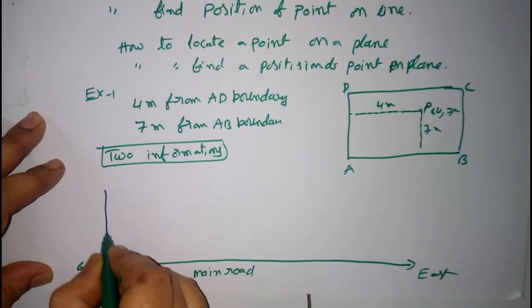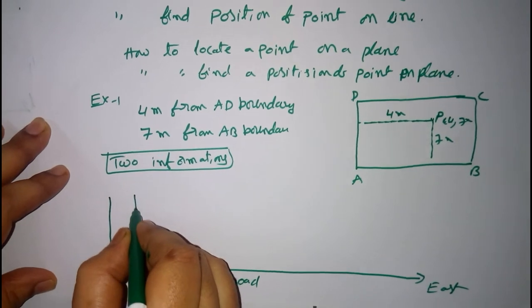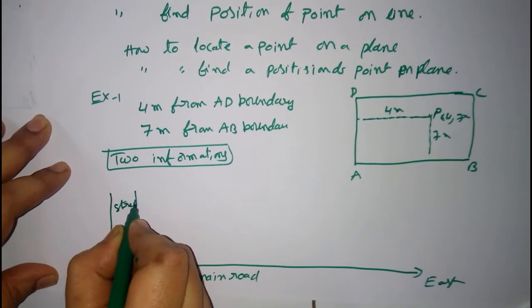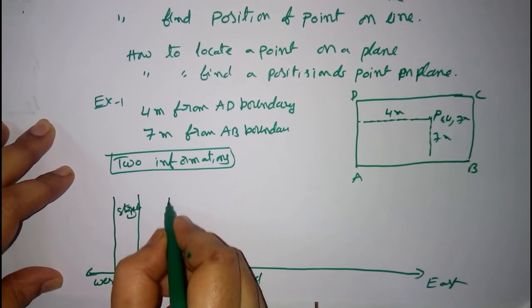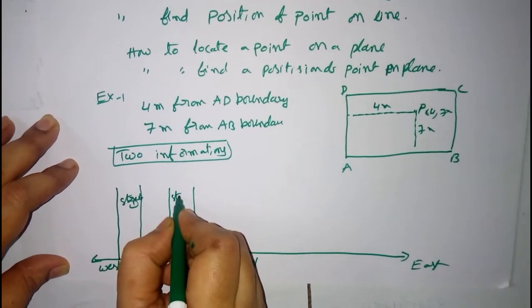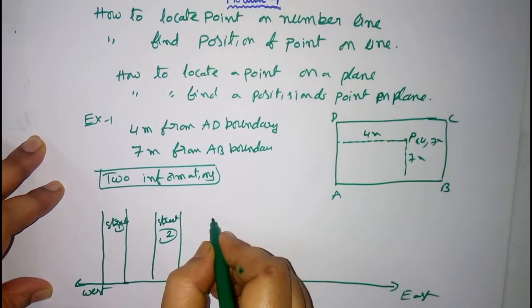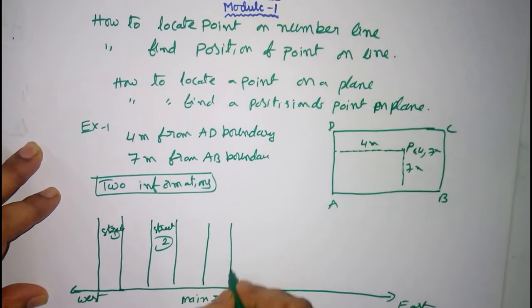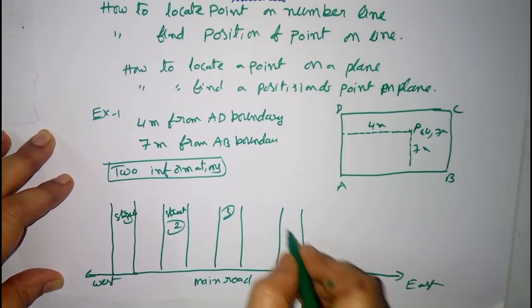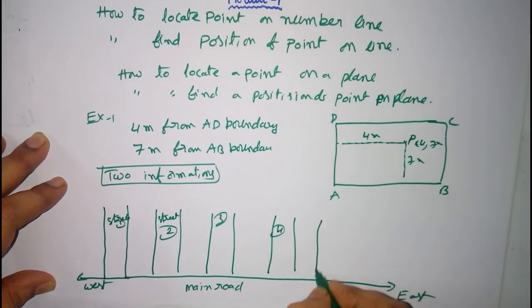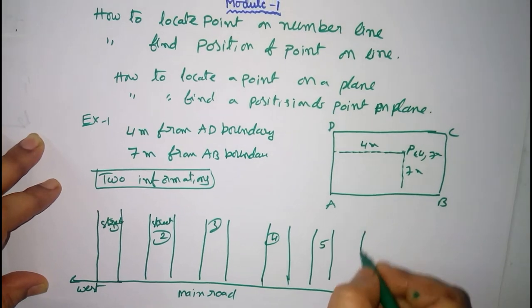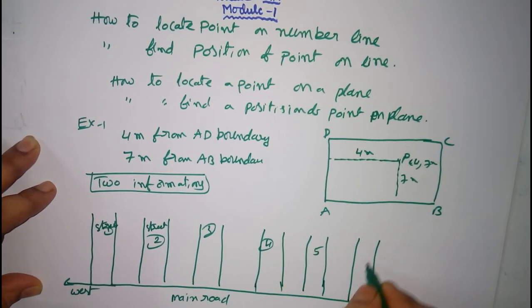Suppose it is street 1. Now it is street 2, street 3, street 4, street 5, street 6, like that.